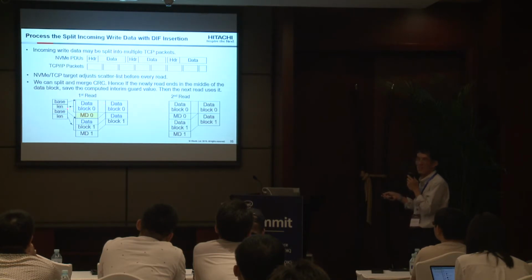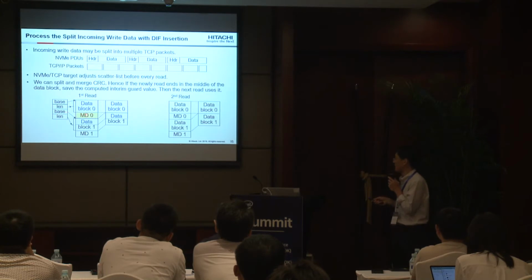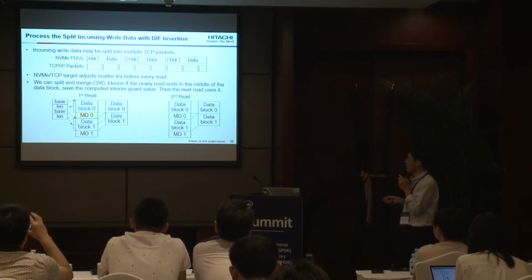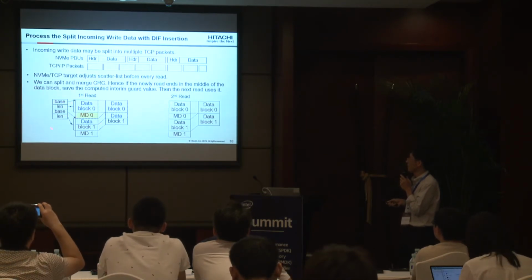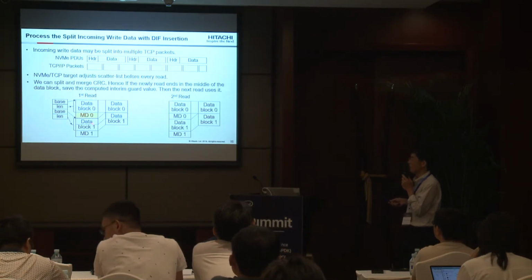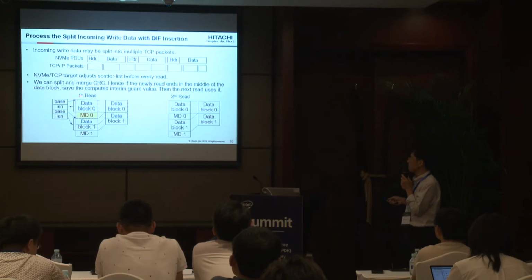This should be blue, but it is almost white. I apologize for the inconvenience, but this shows we tried to read data block 0 and data block 1, but we could read the whole data block 0 and only half of data block 1.